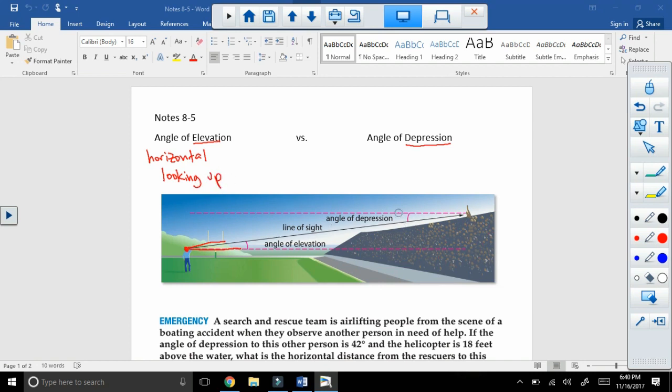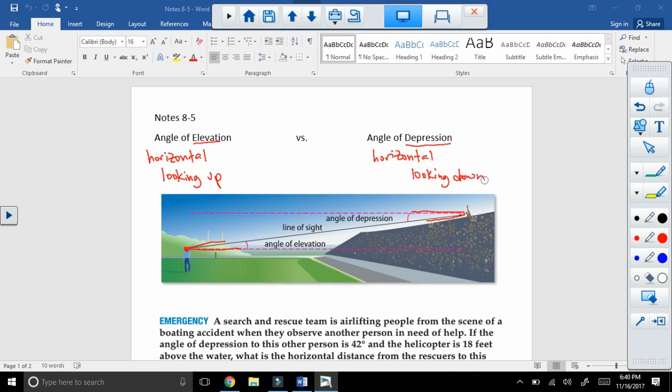And the angle of depression is kind of the same type of thing. If you think about where your eye would naturally be if you were just looking straight ahead, so the horizontal, and depression then would be talking about if you're looking down from something up high. So that's the difference.